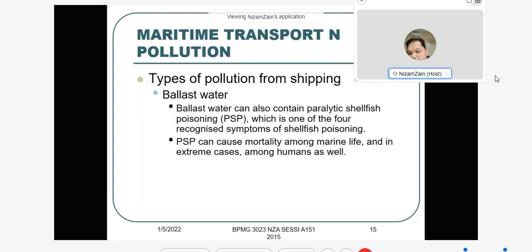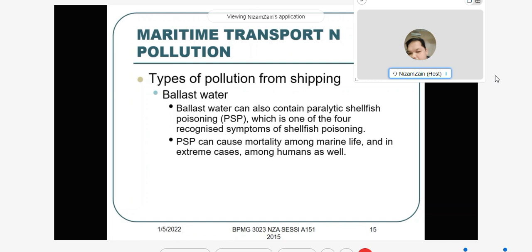So it's very appetizing if you look at the seafood, right? All the shellfish, it's very nice, but actually you are taking a risk, because we never know where they get the shellfish from. If it happens to you, you cannot blame the shop owner or the provider because they don't know.